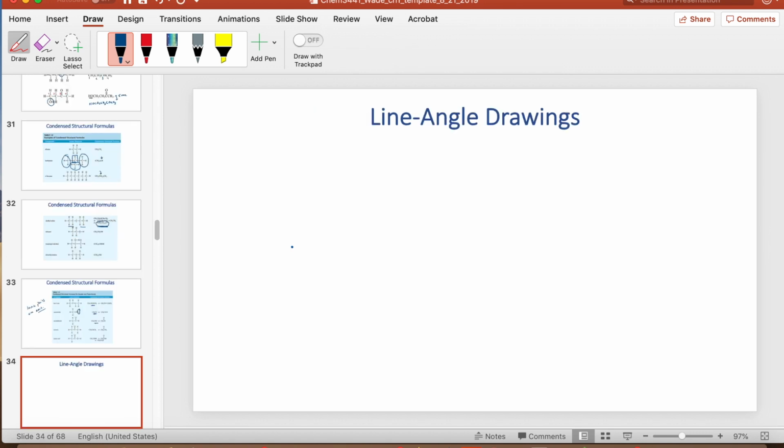So for example, here we can look at some line drawing. I'm going to give you a compound, for instance, butane. We'll draw it out in the typical Lewis structure fashion.